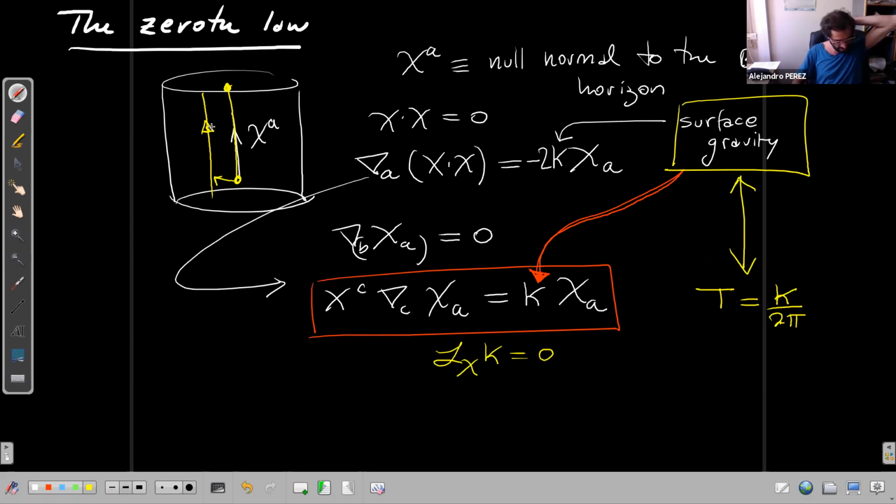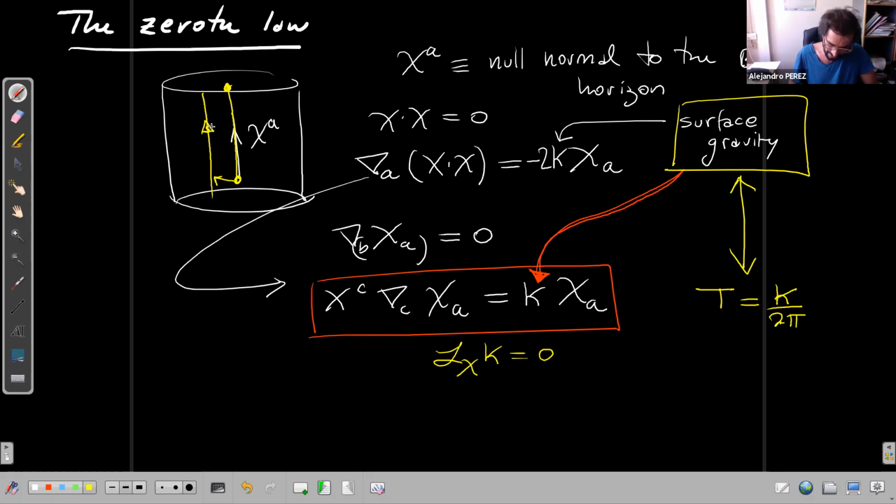Then you need to do a little bit more work, and if you're interested, the details are in textbooks like Wald. But if you assume the validity of the Noether theorem, then you can just get this zeroth law by direct calculation.